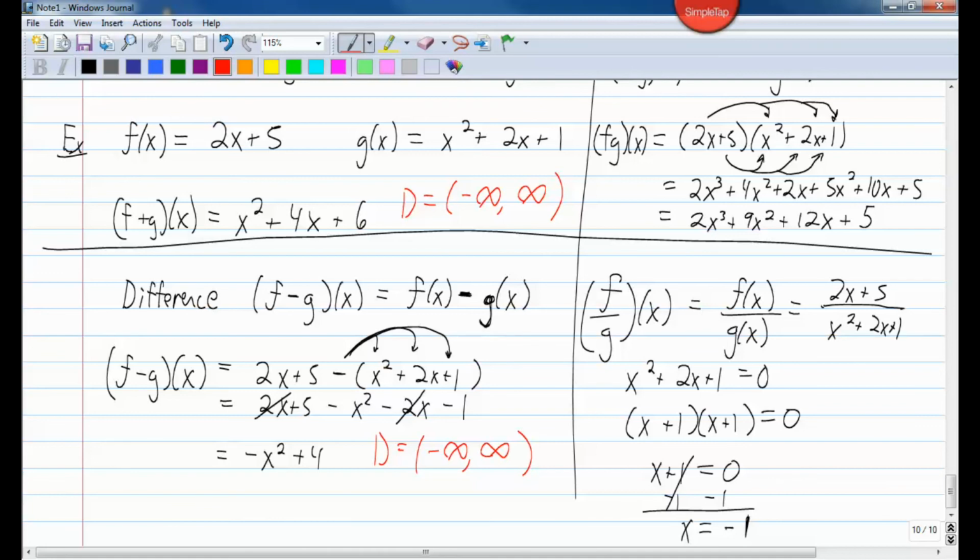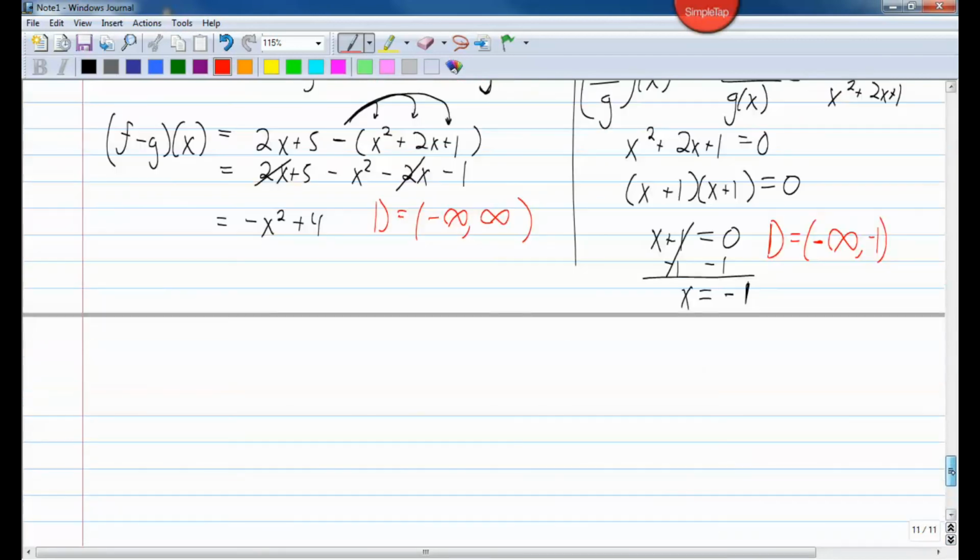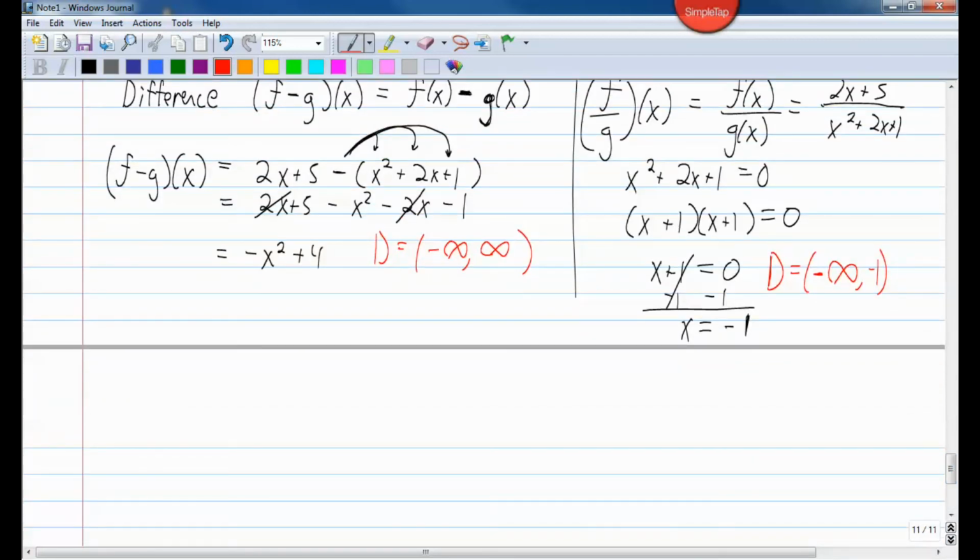Remember the way we leave out a -1? Say domain equals negative infinity to -1, union with -1 to positive infinity. So that leaves out a -1.